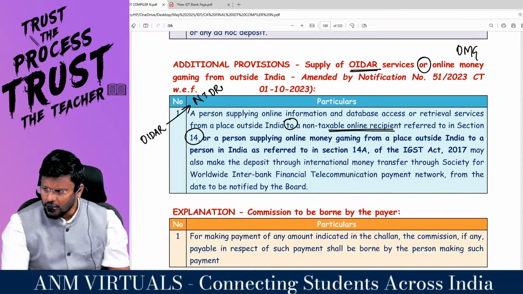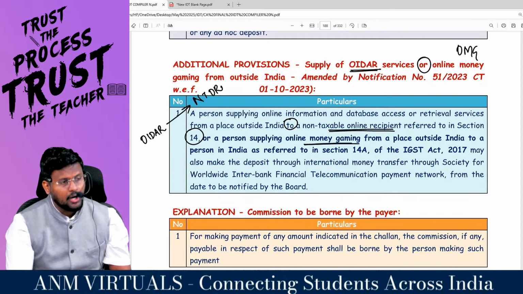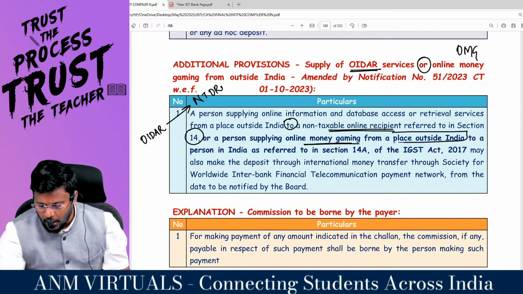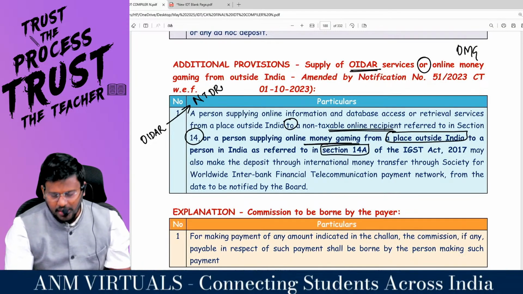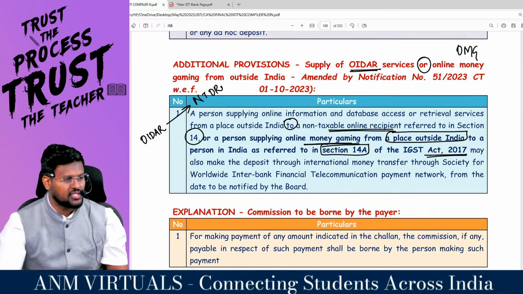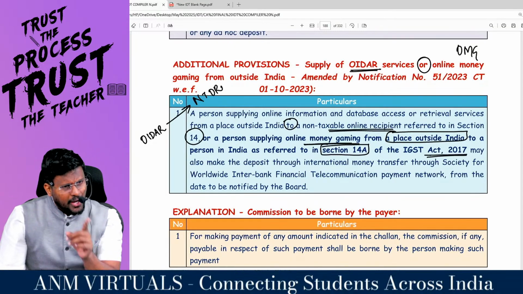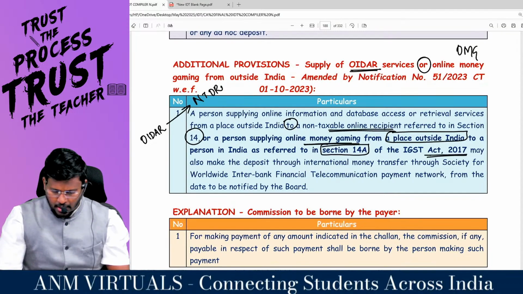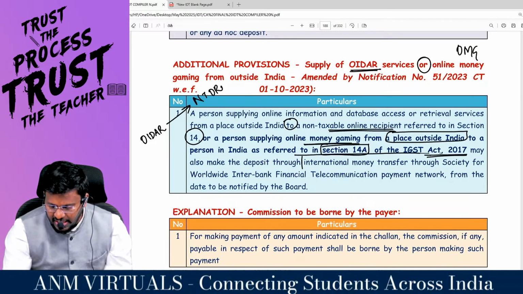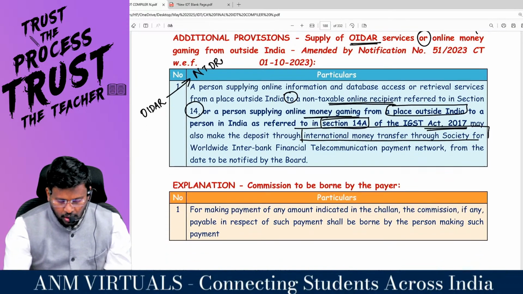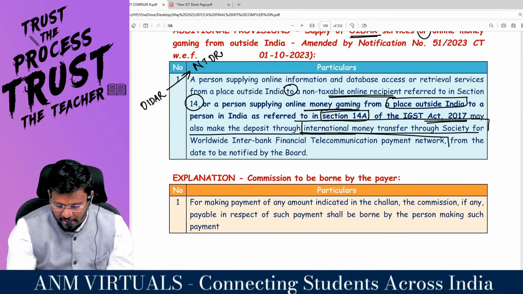Or a person supplying online money gaming from a place outside India to a person in India as referred to in section 14A of the IGST Act. So these people are situated outside India. Both the OIDAR supplier and the online money gaming person may also make the deposit through international money transfer through Society for Worldwide Interbank Financial Telecommunication Payment Network.